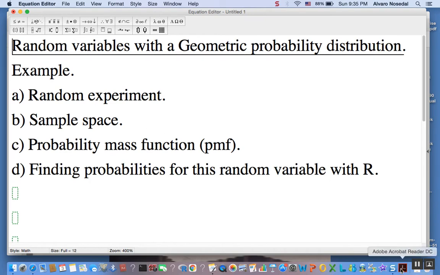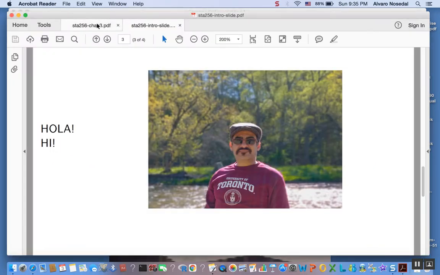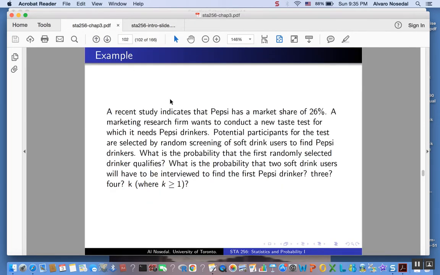Let me borrow that example from our lecture notes. That's the example I would like to discuss with you today. According to a recent study, Pepsi has a market share of 26%, meaning 26% of soft drink users will prefer Pepsi.